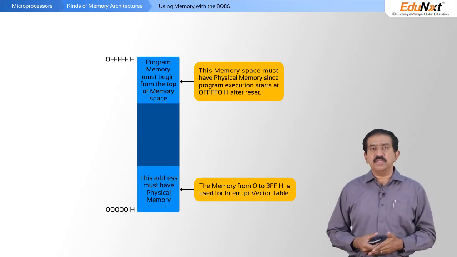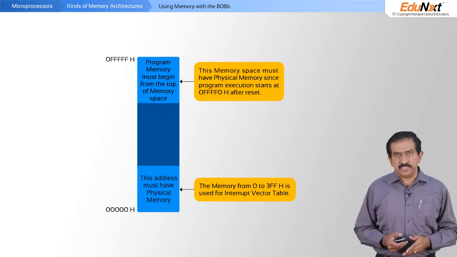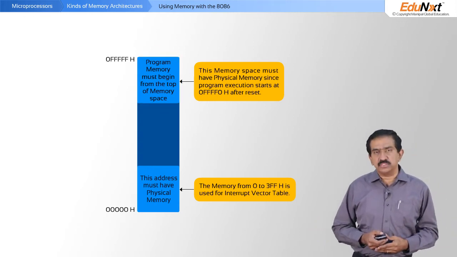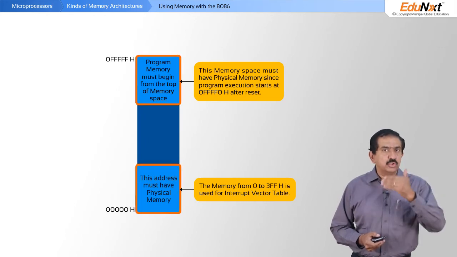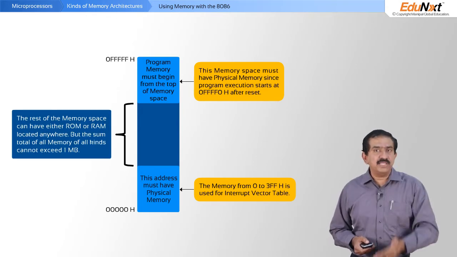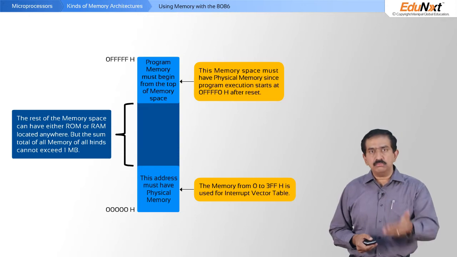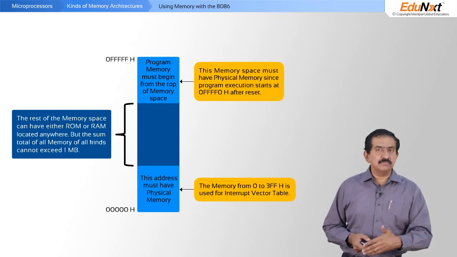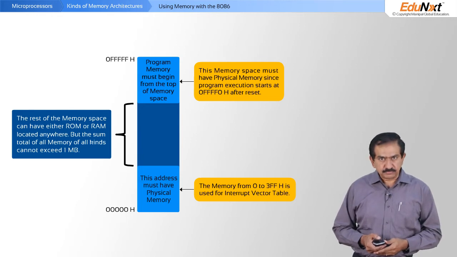Obviously, if there is no memory at the top of the memory bank, the processor has nothing to execute and nothing happens within the system. Other than these two constraints, you as a designer can choose to locate memory anywhere within the 1 megabyte of space. It could be ROM, EEPROM, RAM, it doesn't matter as long as it is within this 1 megabyte space.